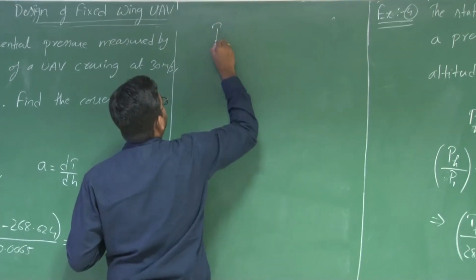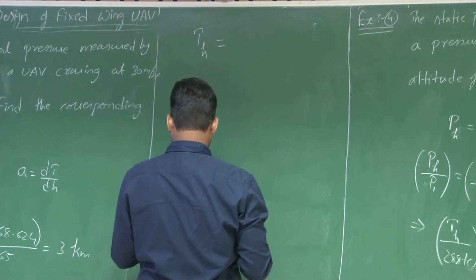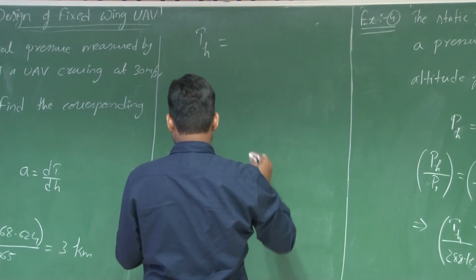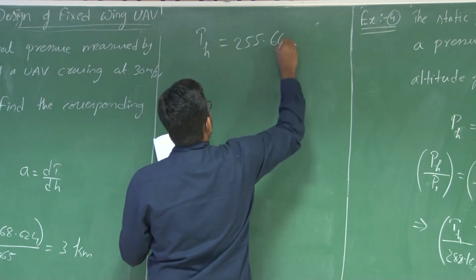Now the temperature at this altitude is equal to 255.66 Kelvin.